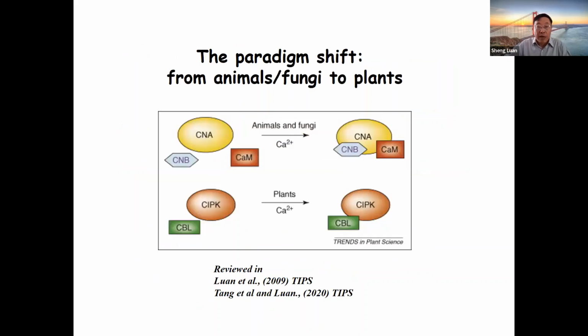So this finding really redefined the calcium signaling mechanism away from animal and fungi. In animal and fungi, at least in the case of calcineurin, we know that calcineurin B and calmodulin, in response to calcium, interact with protein phosphatase activity.